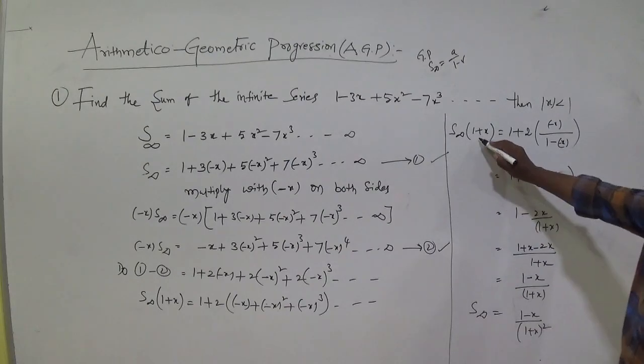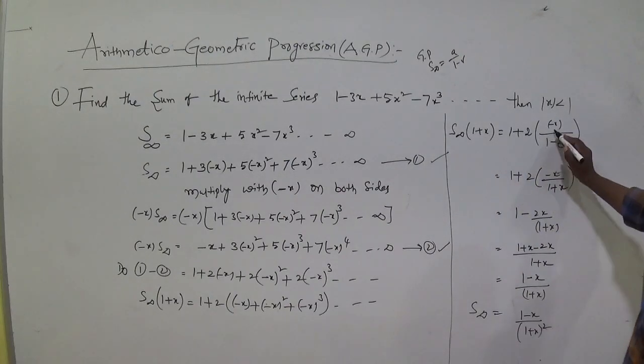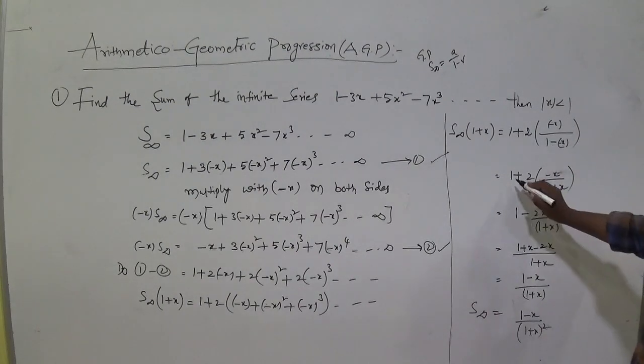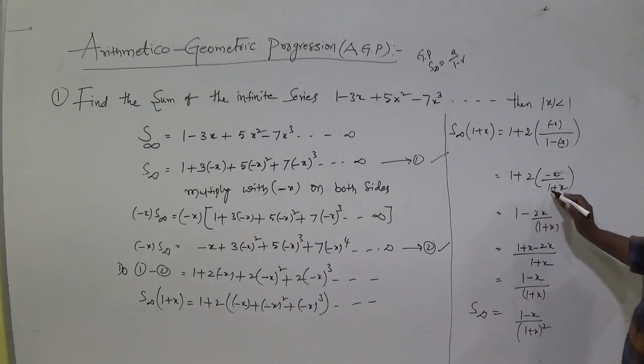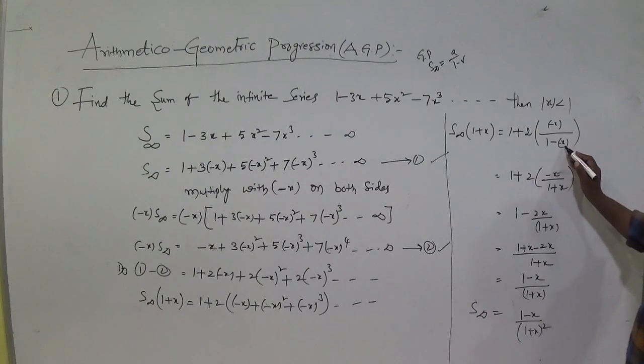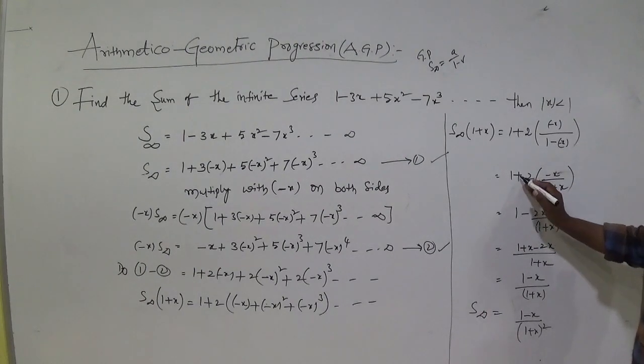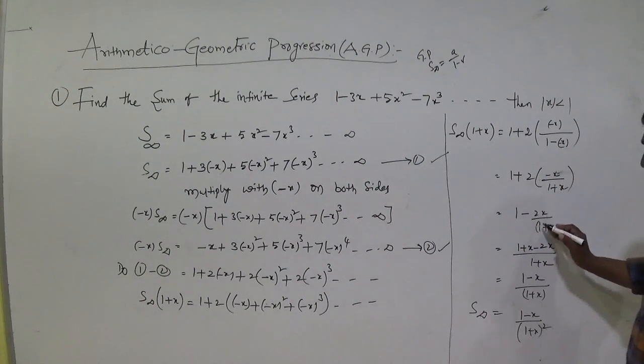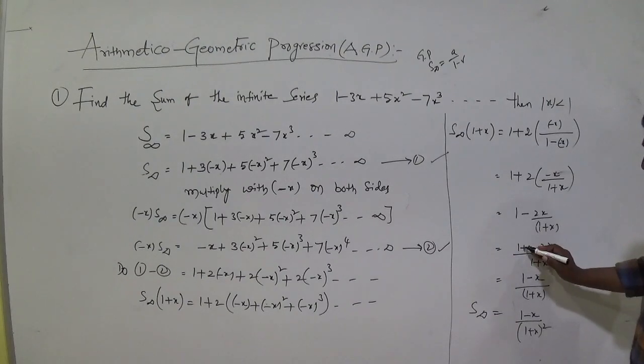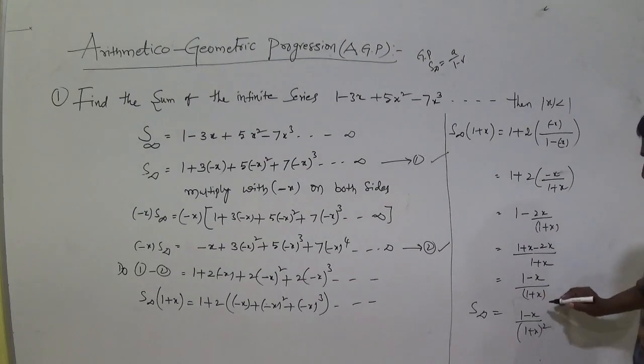S infinity into 1 plus x equals 1 plus 2 into minus x by 1 plus x, which gives 1 plus x minus 2x, that is 1 minus x.